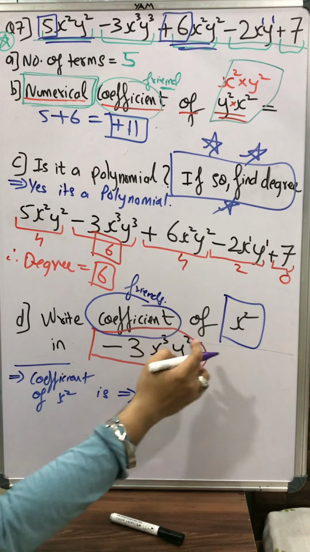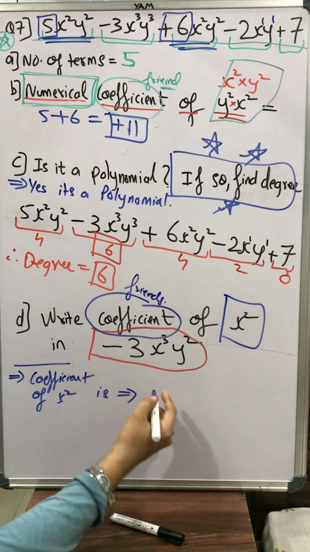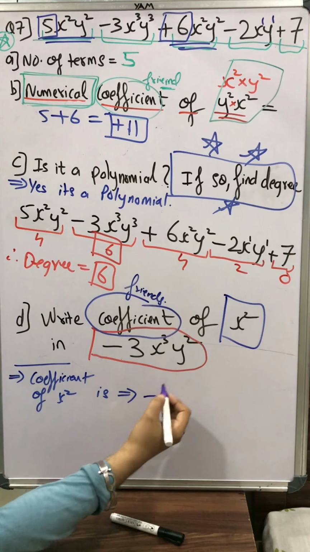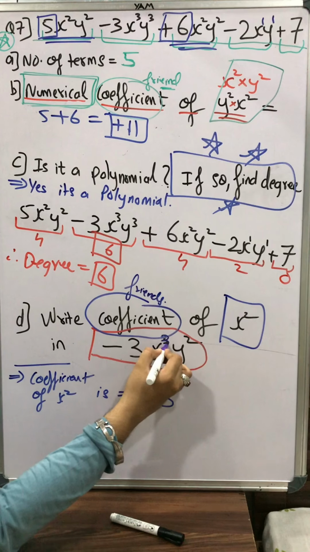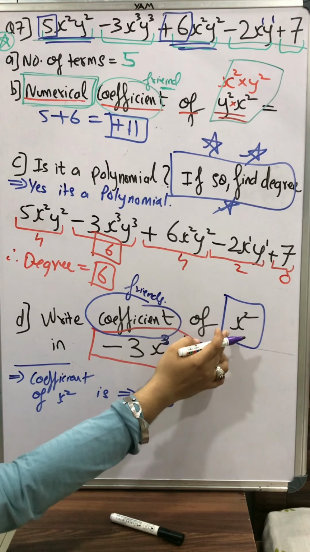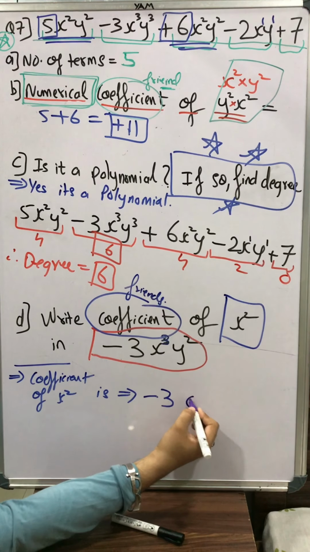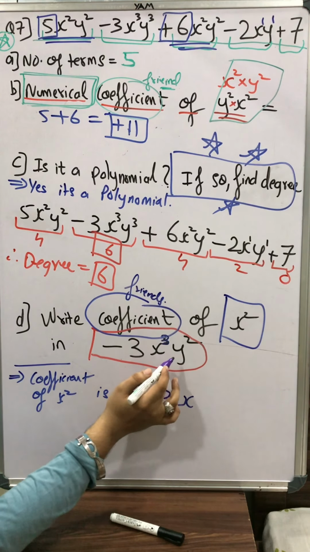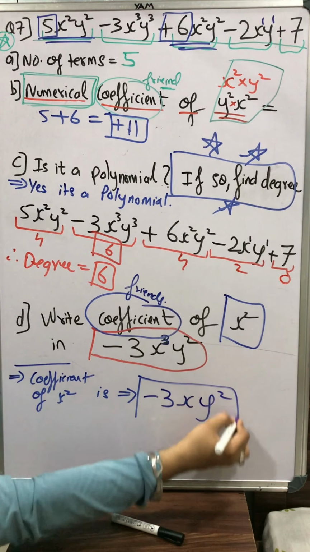Let's compare. Do I have minus here? No, I don't have minus here, but I have minus there. Here I have 3. Do I have 3 here? No, I don't have 3. So I write 3 here. Here it is x cube. Do I have x cube here? No, I have x square. 2 times I have x. Here it's only 1 time. So I write only 1 time, because it was 1 time extra. I have y square here. Do I have y square here? No. So y square. This is my answer.